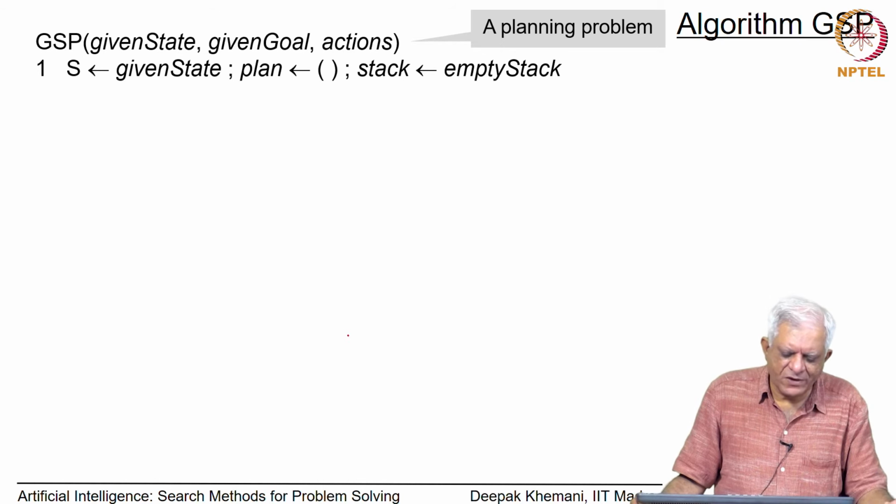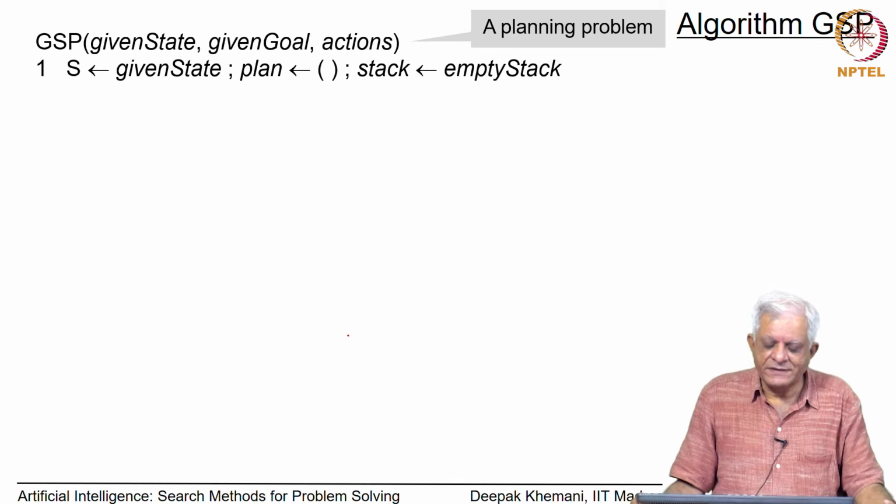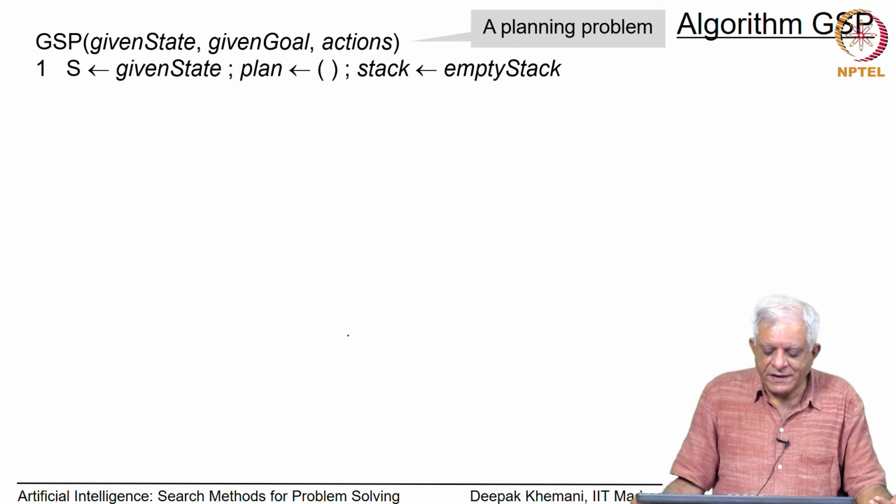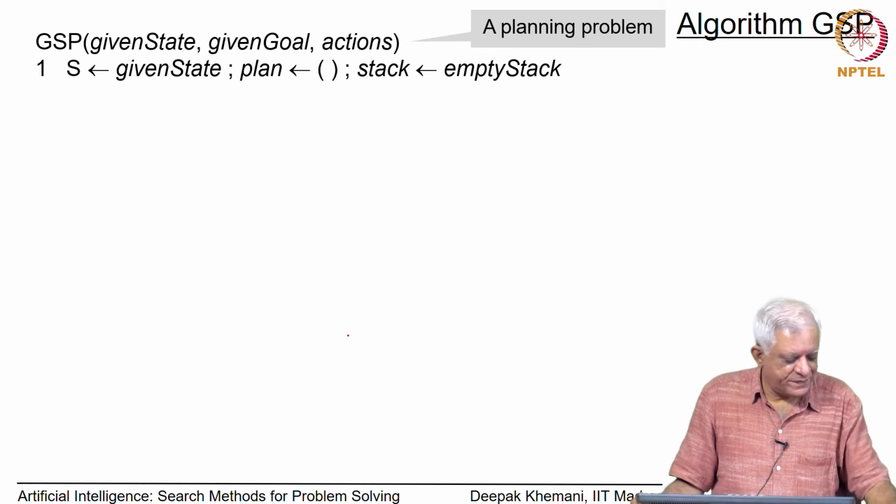So, let us call S the given state, because when it starts constructing the plan, that is where it is. Initially it has an empty plan and there is nothing in the stack essentially.